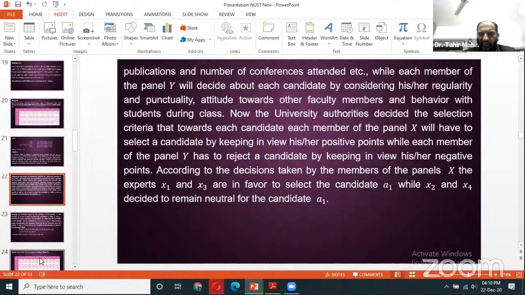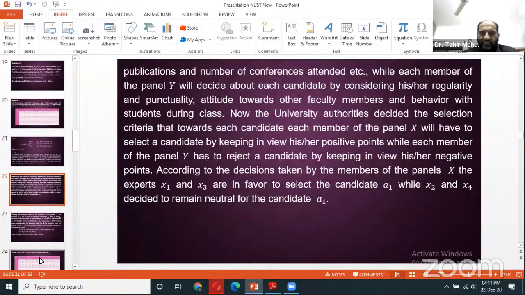Now the university authorities decided the selection criteria that towards each candidate, each member of the panel X will have to select a candidate by keeping in view his or her positive points, while each member of the panel Y has to reject a candidate by keeping in view his or her negative points.